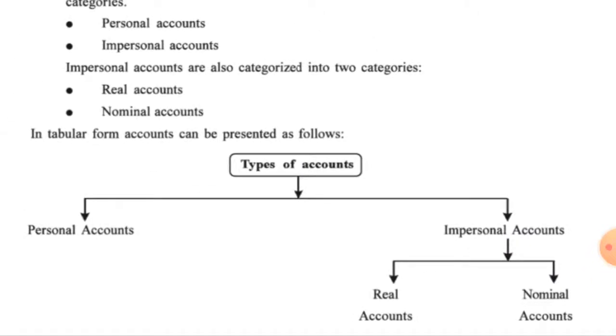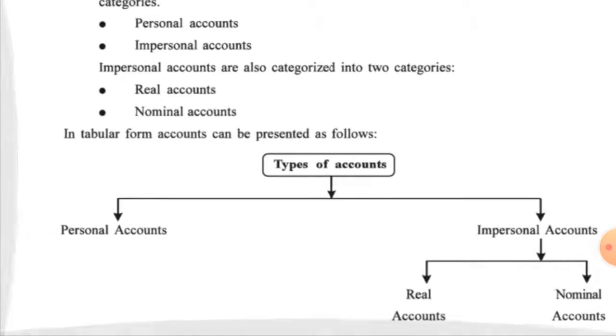Real account means any transaction related to goods or assets, and nominal account means any transaction related to expense or income of the business. So there are basically three main accounts that we have to study: personal account, real account and nominal account.